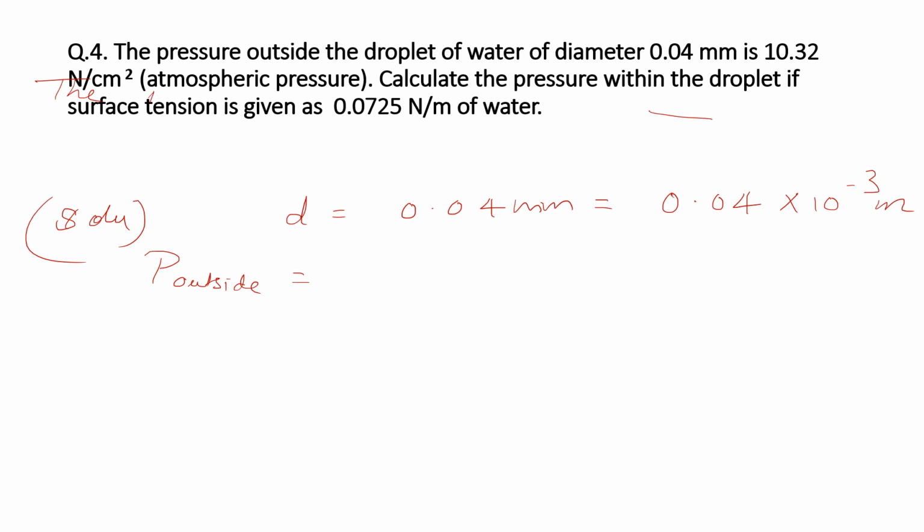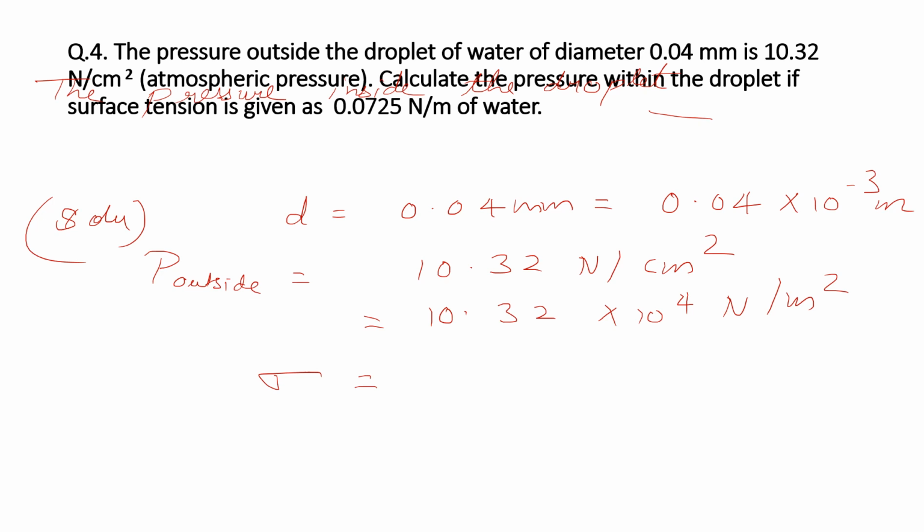That is the atmospheric pressure which is acting on the droplet, right? So it is given as 10.32 Newton per centimeter square. So it is 10.32 into 10 raised to power 4 Newton per meter square, and surface tension is given as 0.0725 Newton per meter of water that is acting, right? This is our surface tension.